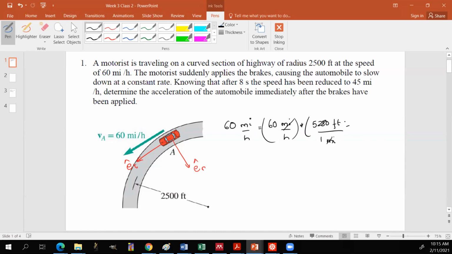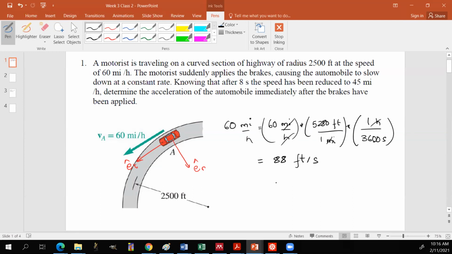The mile cancels out, times your hour converted into seconds: 1 hour is 3,600 seconds. That one cancels out, so you're left with 88 feet per second, like that.